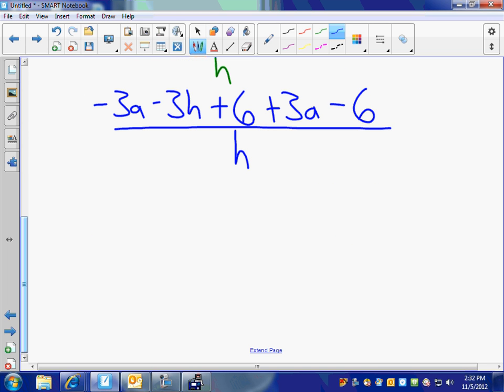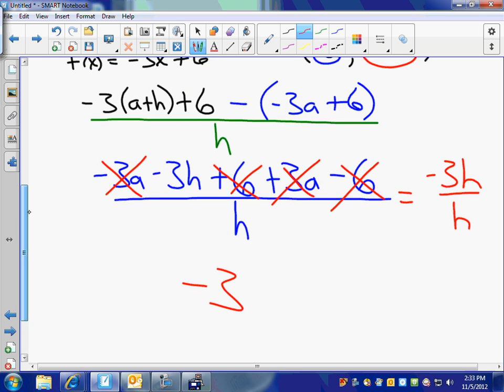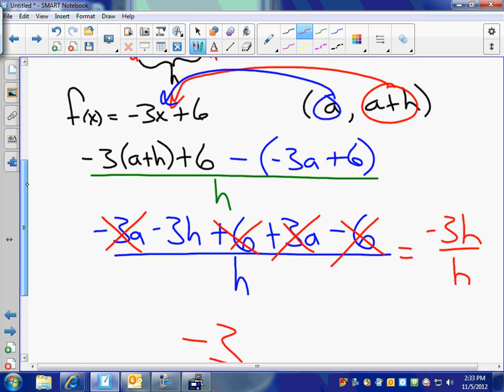What cancels? Minus 3a plus 3a, plus 6 minus 6. That gives me negative 3h over h. What's negative 3h divided by h? Negative 3. Like that?